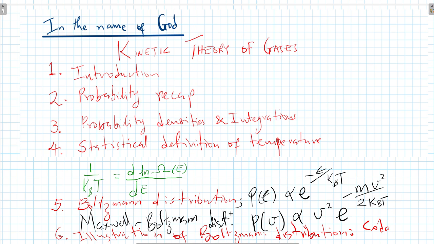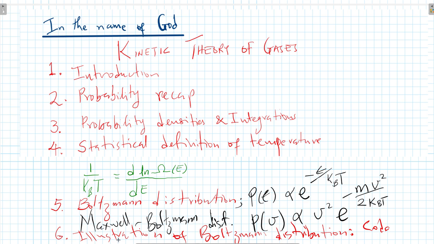Applying the Boltzmann distribution to a system of gas molecules, for the speed of a molecule v, the probability density of finding a molecule with speed between v and v plus dv is given by this relation: P(v) is directly proportional to v squared times e to the minus mv squared divided by 2kBT. kB is the Boltzmann constant again, T is the temperature, m is the mass of the molecule.